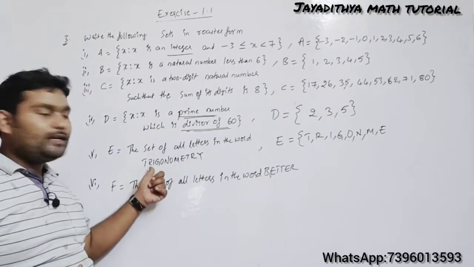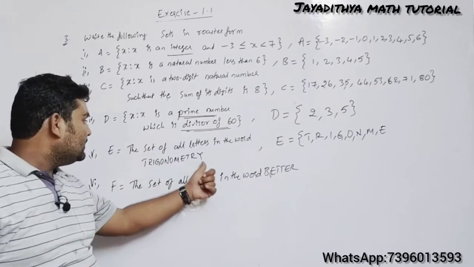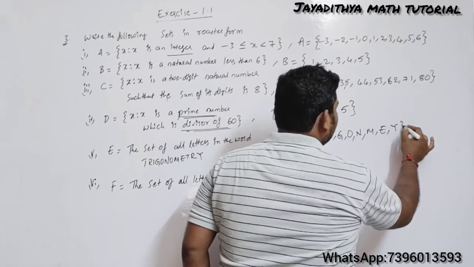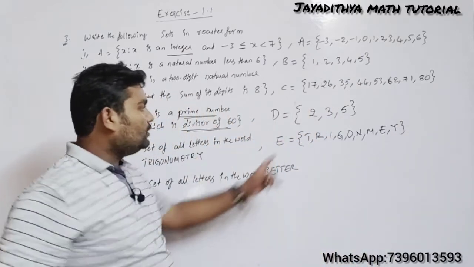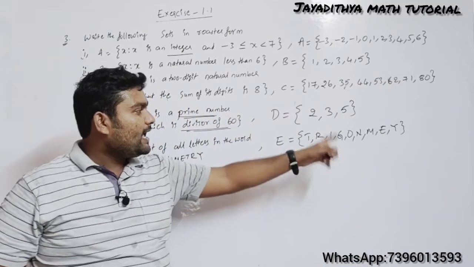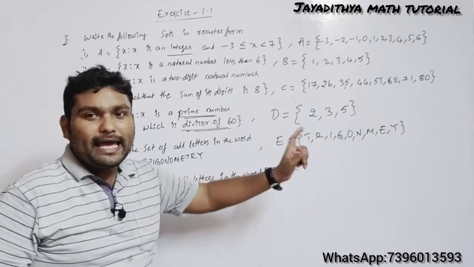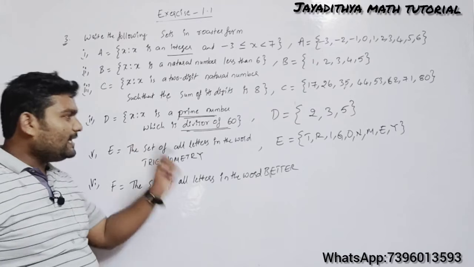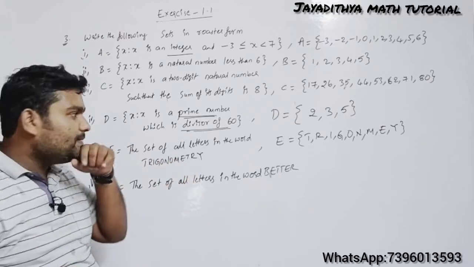R also we have written, so again we need not write it. Y we didn't write, so let us write Y here. So what are the elements here? T, R, I, G, O, N, M, E, Y. Those are all the elements of set E. You should take the precaution that no element must be repeated.